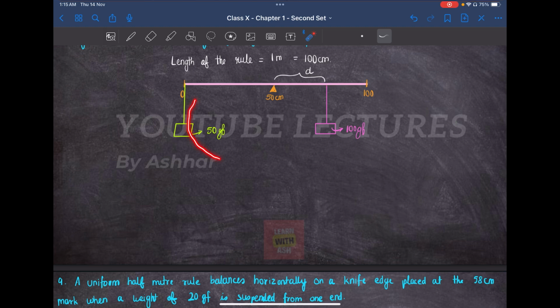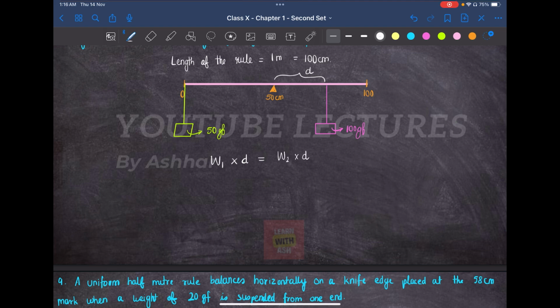Like in this manner is anticlockwise and in this manner is clockwise. So we can write it as force into distance. Force over here can be combined with the weight. So I can write weight 1 into its distance equals weight 2 into the other distance.